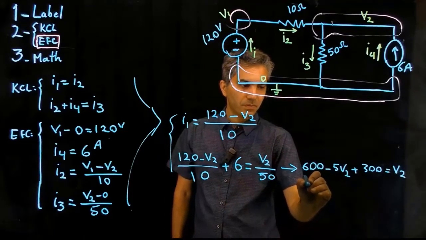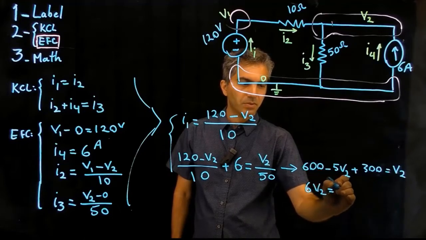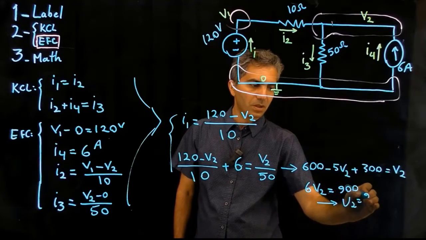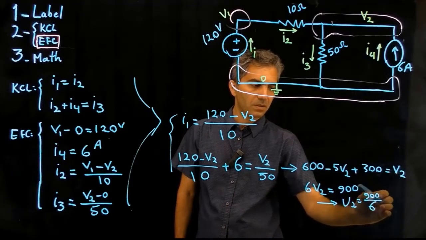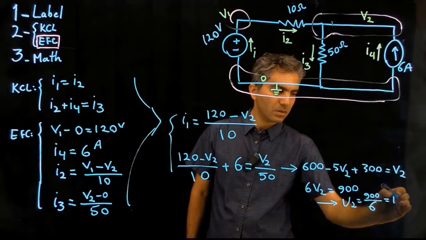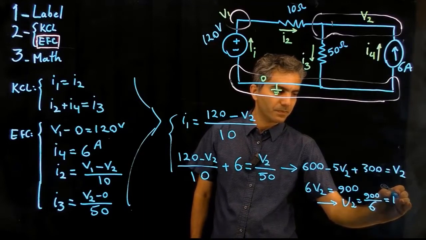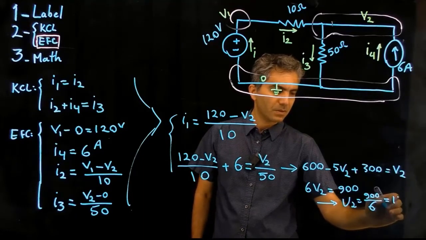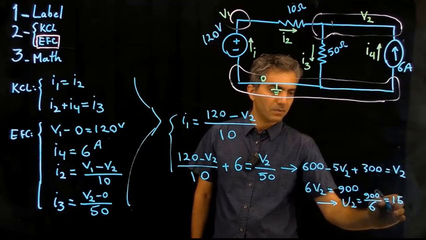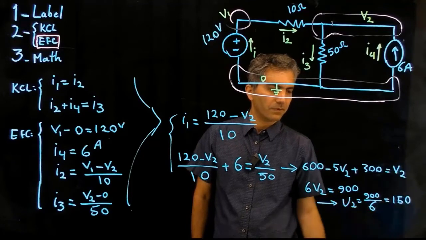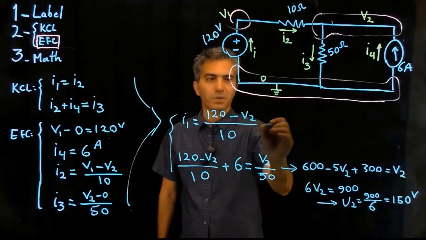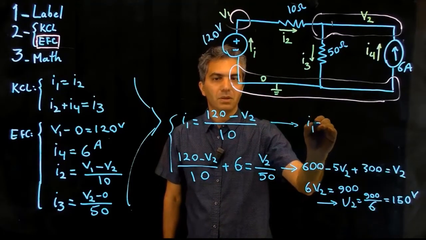So 6 V2 is equal to 900, and off of that V2 would be 900 divided by 6. That would be 150 volts.